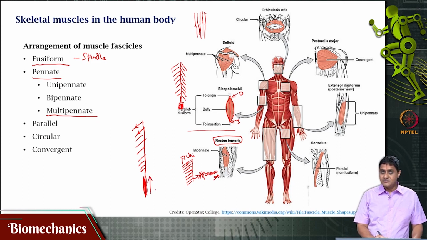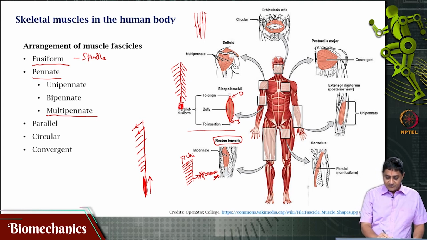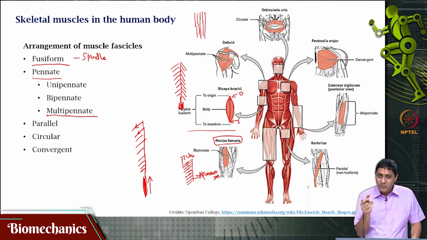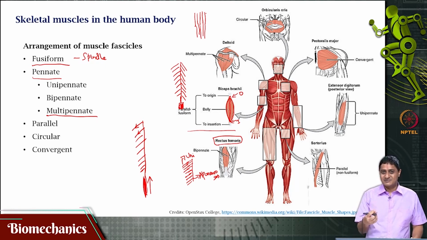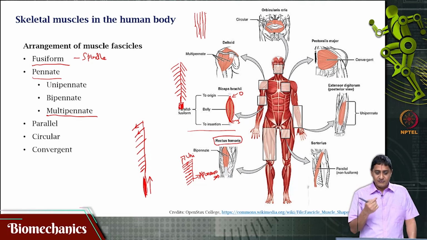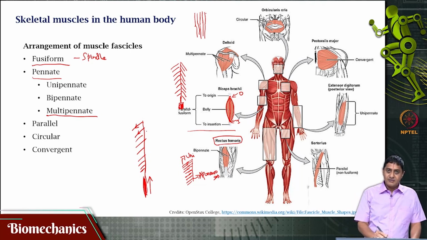Now you see, using our principles of vectors, because this muscle fiber force is at an inclination to the external tendon, only a component of the muscle fiber force is felt by the external tendon. The maximum value that can be felt by the external tendon is the sum of the forces that is produced.